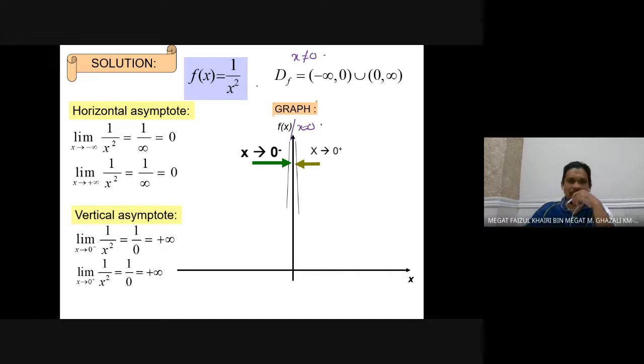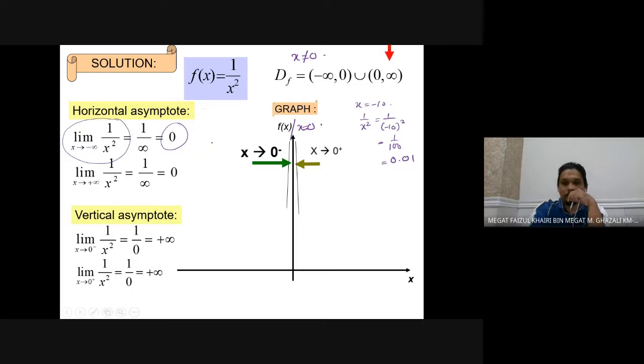And horizontal asymptote when x approaches negative infinity. For example, just imagine that if x equals negative 10, so 1 over x squared is 1 over negative 10 squared, equal to 1 over 100, which equals 0.01.